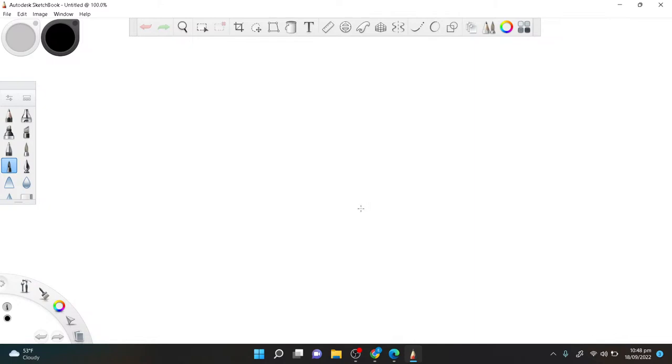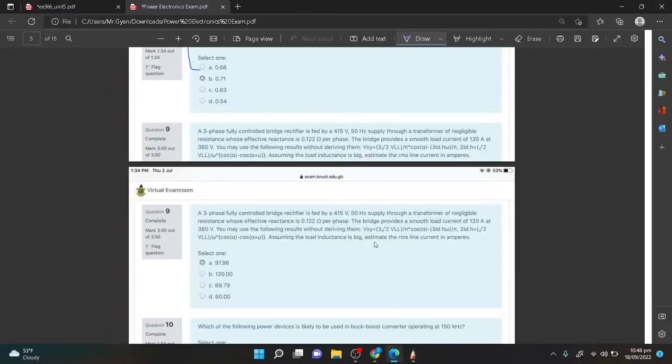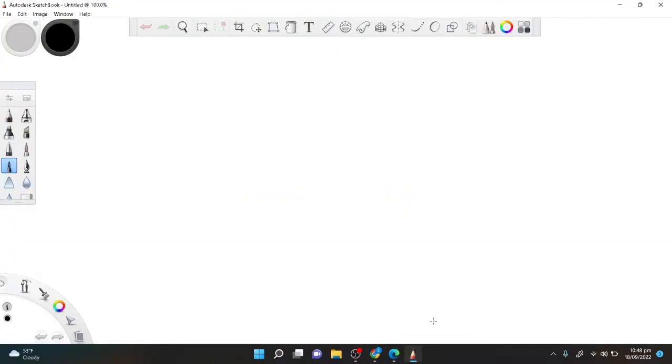Diode bridge rectifiers, we know the formulas for diode bridge rectifiers. The first question says to find the RMS line current. For single phase, the total RMS current is given by ID.